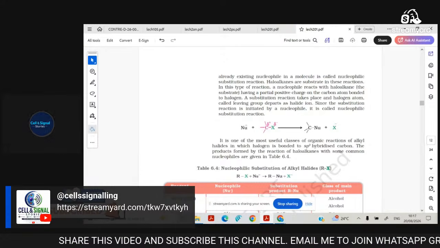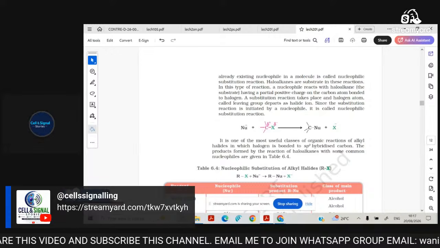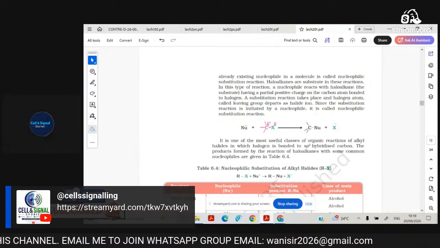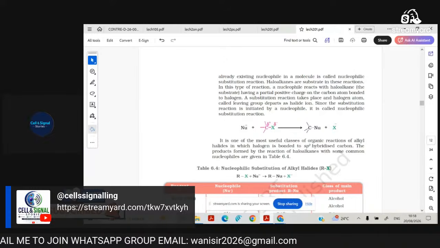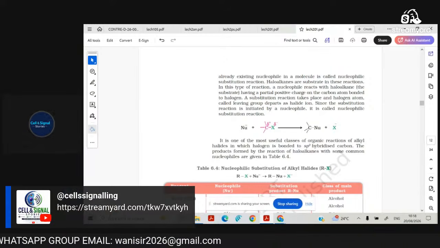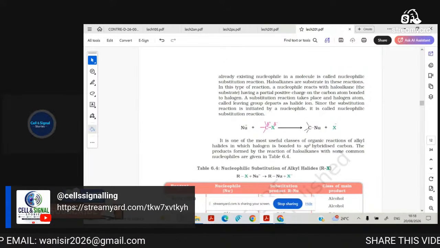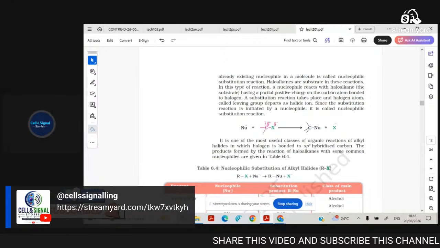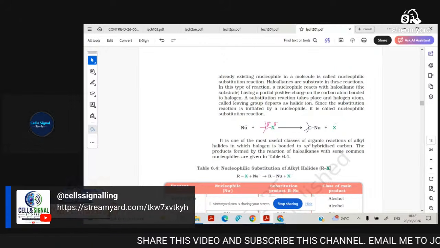A substitution reaction takes place, and the halogen atom, called the leaving group, departs as a halide ion. When the substitution reaction takes place, this leaving group, the halogen atom, leaves the substrate and becomes the halide ion.